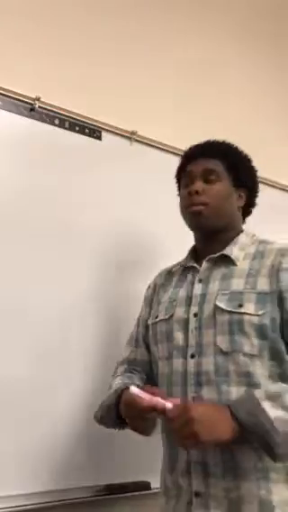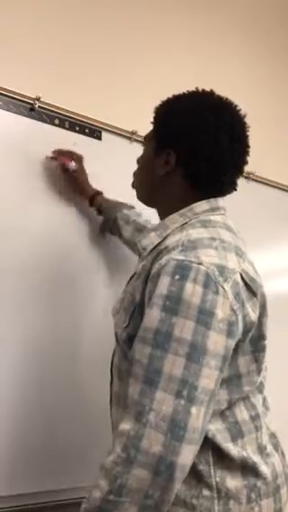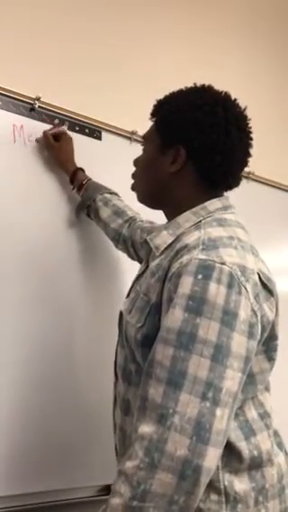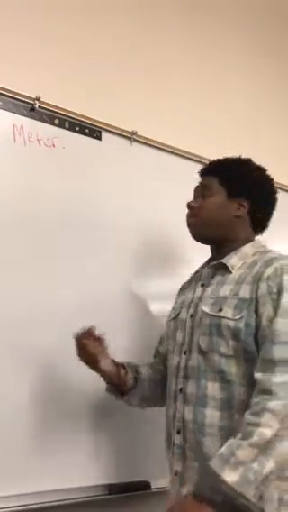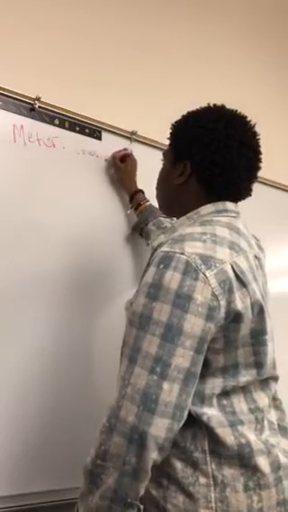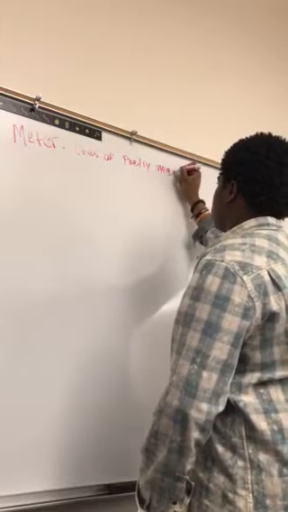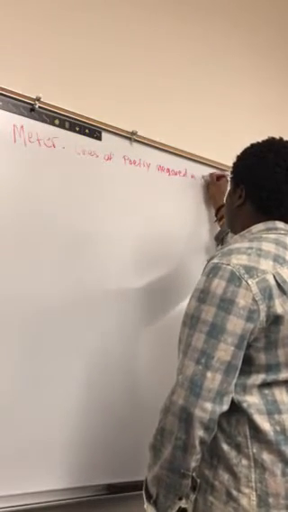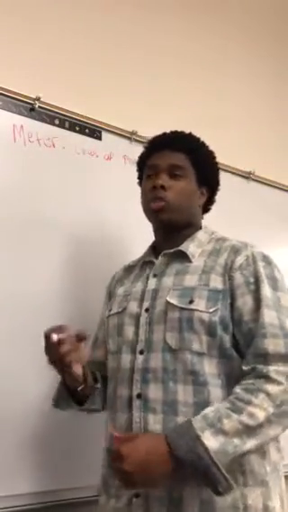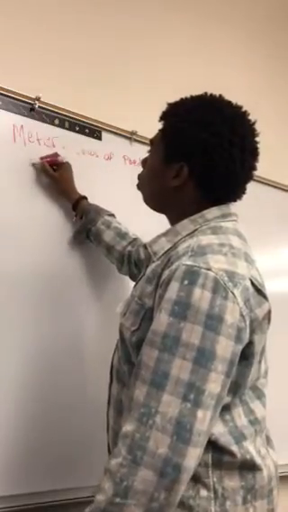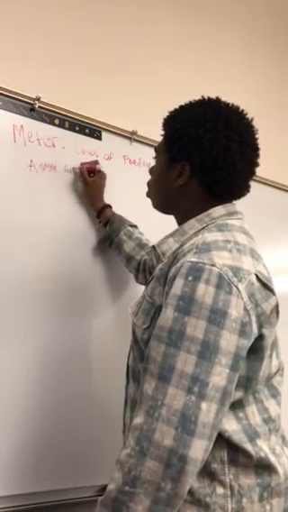So, first off, poetry is comprised of meters and lines. And we call them meters because lines of poetry are actually measured in feet. So, a single foot is made of one stressed and unstressed syllable, which could be any word in your poem.